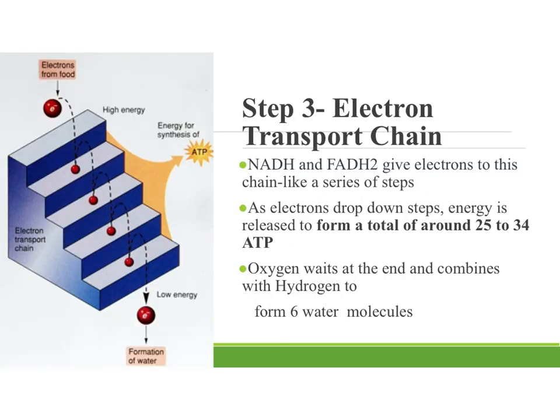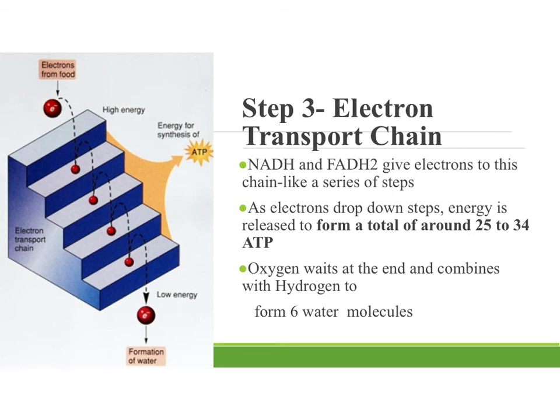So in aerobic respiration, the electron transport chain is the final step in the breakdown of glucose. So the NADH and the FADH2 in the previous steps are going to give electrons to this chain-like series of steps. And as the electrons drop down the steps, energy is going to be released, and we're going to form a total of about 25 to 34 ATP.